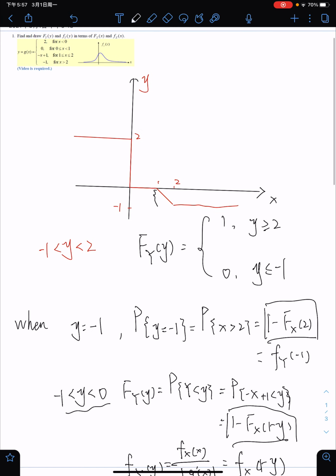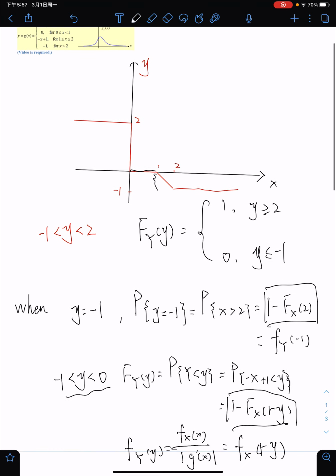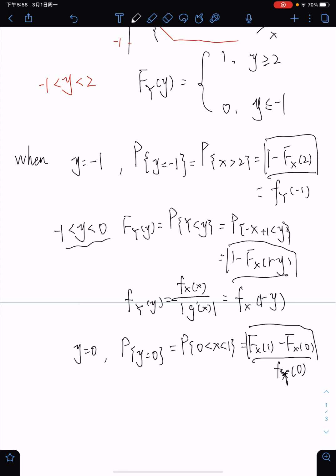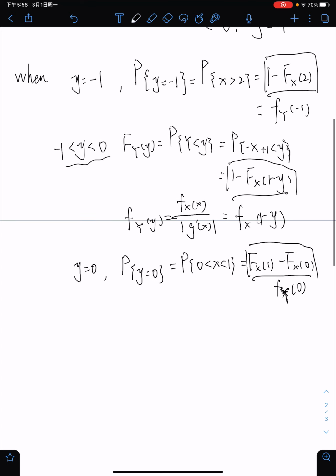Okay, here, and write it in another way. This is the density function at 0. Sorry, here is y equals 0.